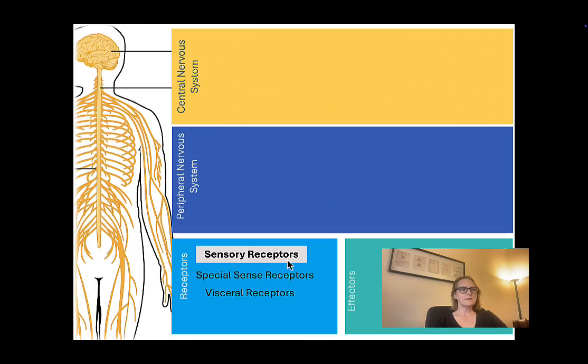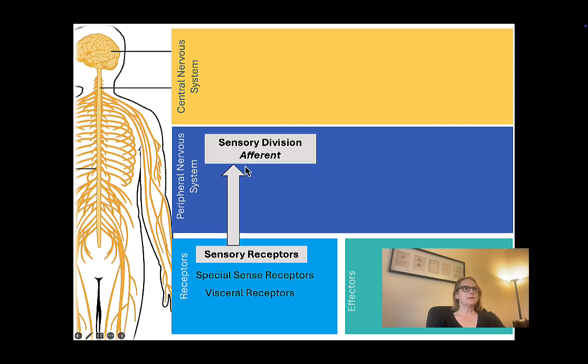So once a stimulus is received, this stimulus then travels through the peripheral nervous system. And the division it travels through is called the sensory division or the afferent division. So you see a signal coming from a sensor and then passing through the sensory division towards the central nervous system, meaning the spine and the brain.